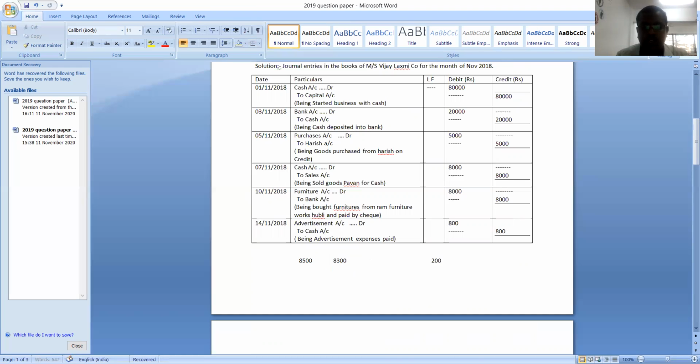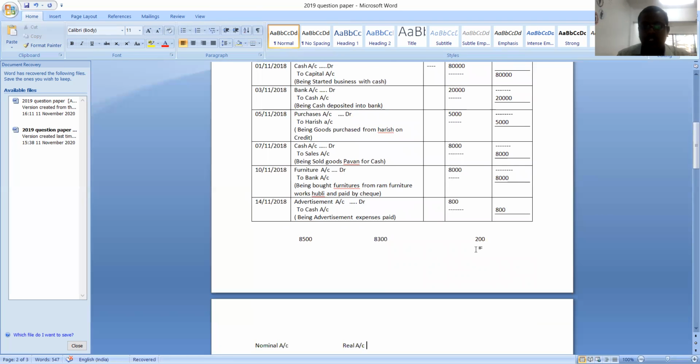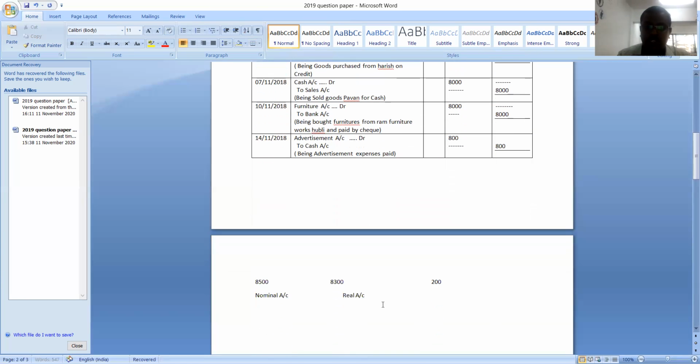Received from Mohan rupees 8,300 in full settlement of his account, rupees 8,500.